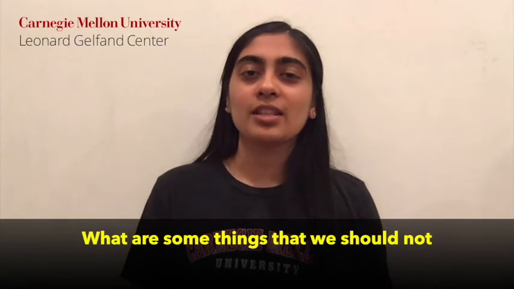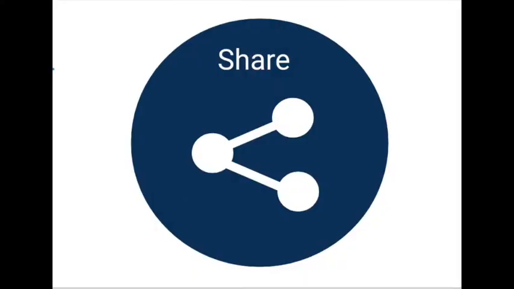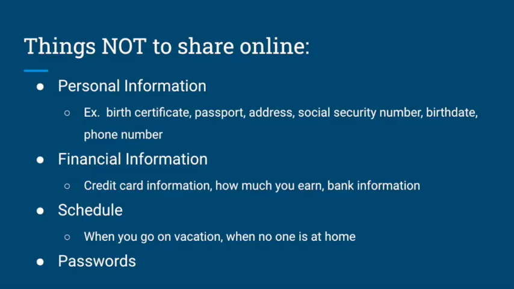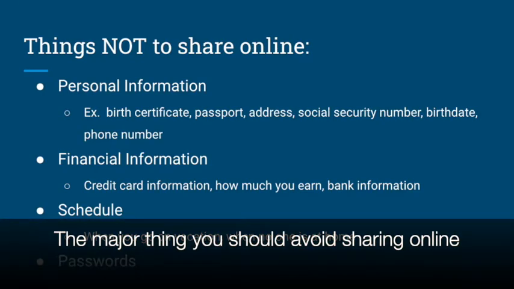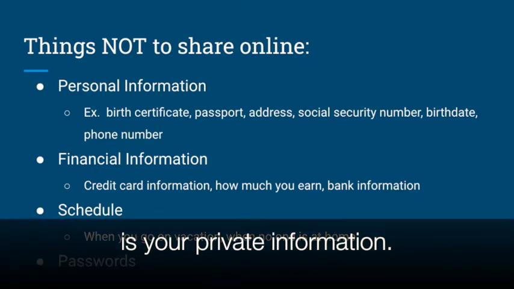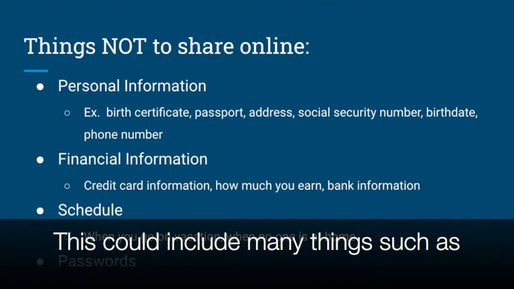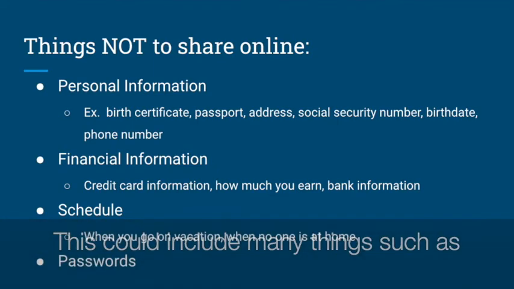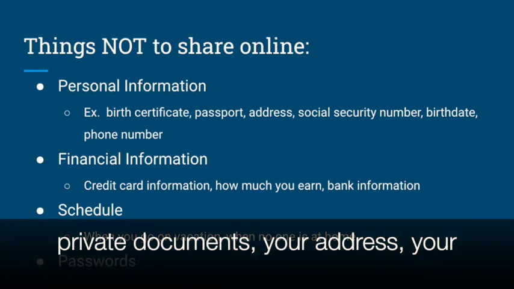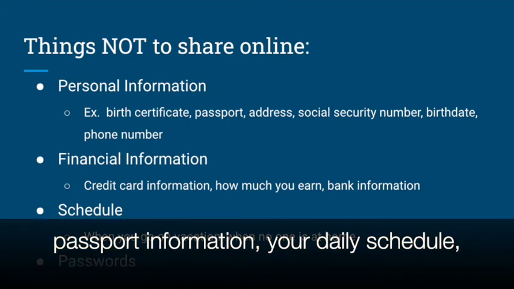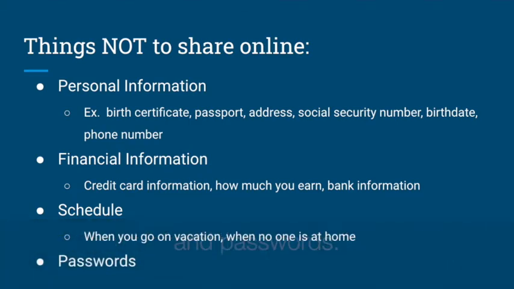What are some things that we should not share online? The major thing you should avoid sharing online is your private information. This could include many things, such as private documents, your address, your passport information, your daily schedule, and passwords.